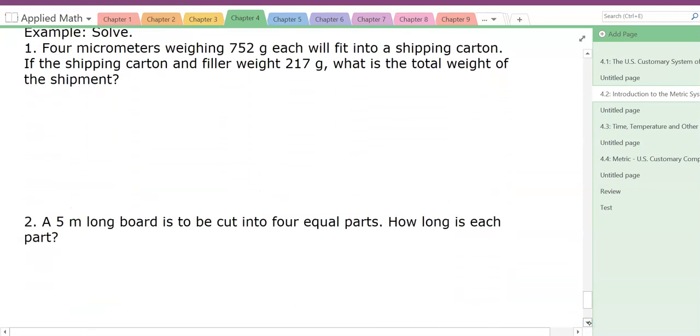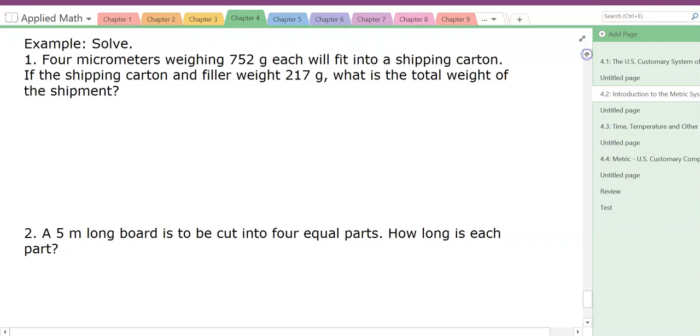So we're going to do just a couple of problems here, and then we'll be done. So 4 micrometers weighing 752 grams will each fit into a shipping carton. If the shipping carton and filler weigh 217 grams, what is the total weight of the shipment?